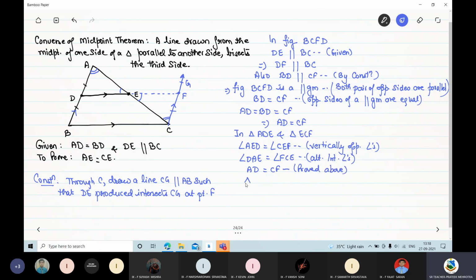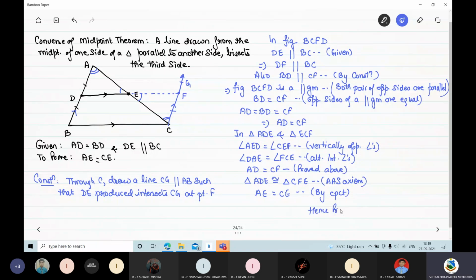So I can say that triangle ADE is congruent to triangle CFE, and this will be congruent by the angle side axiom, wherein two angles and a side are equal. If these two triangles are congruent, I can say that AE will be equal to CE by CPCT. And this is what was required to be proved.